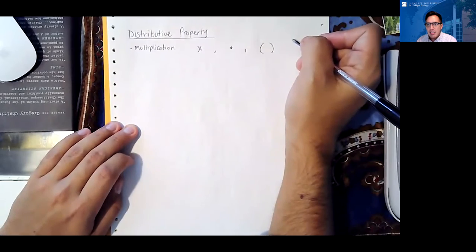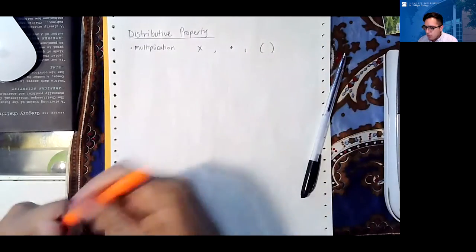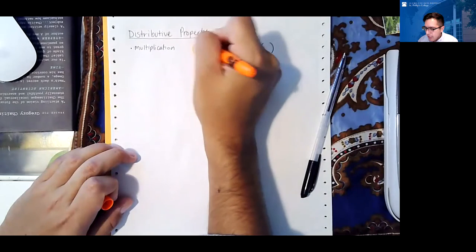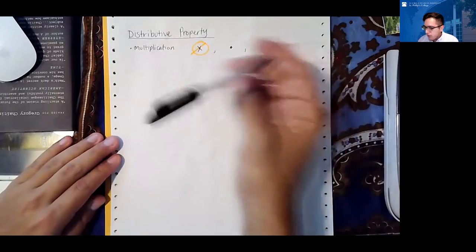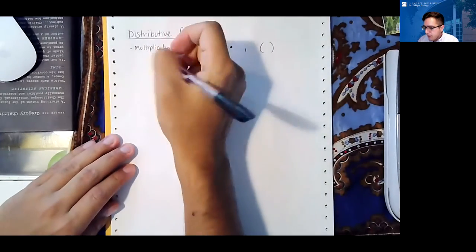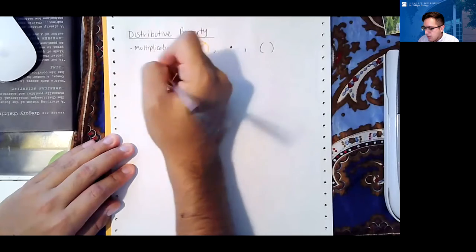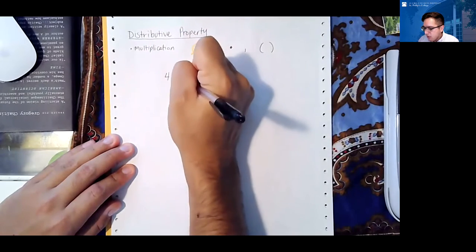These are all valid symbols that can be used for multiplication, but typically in this class, we won't be using the X symbol anymore since we have a variable that may at times be an X. So that would just be a little bit confusing. So when we multiply values, as we've seen when we substitute a value in for a variable, we might have expressions that look like 4 and then parentheses 3.